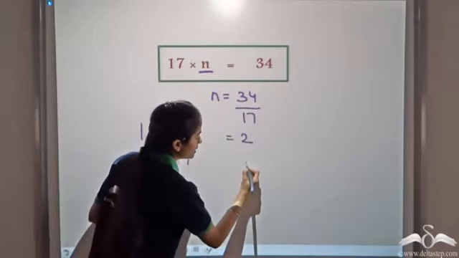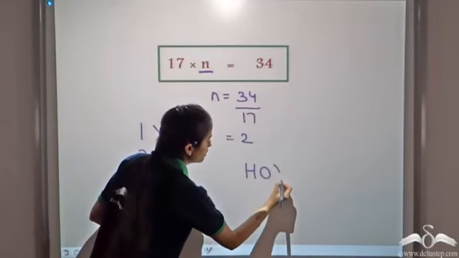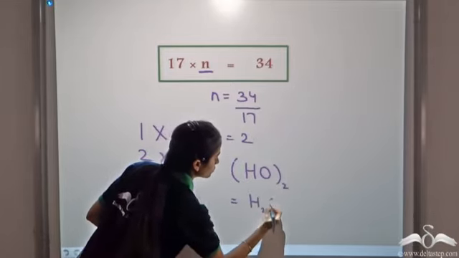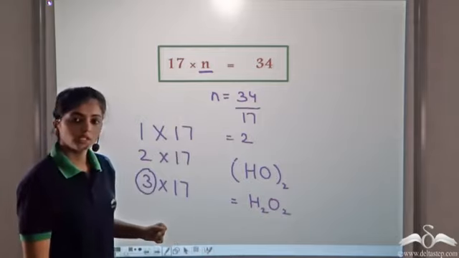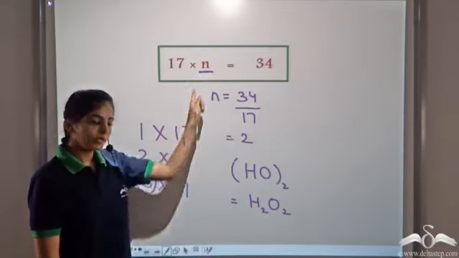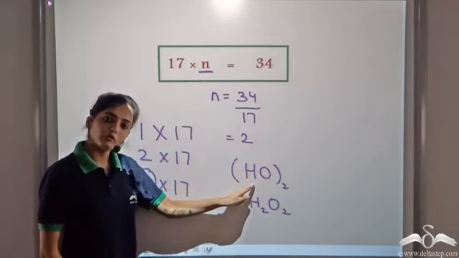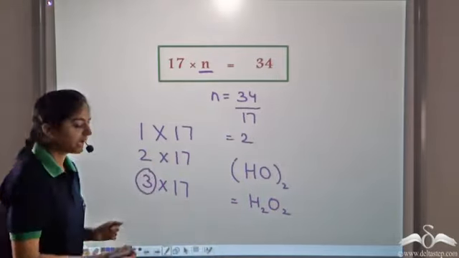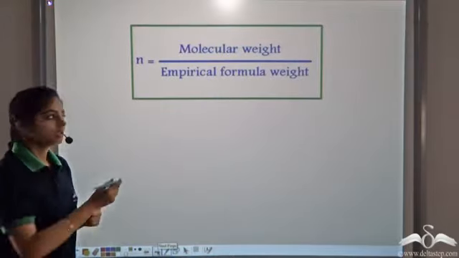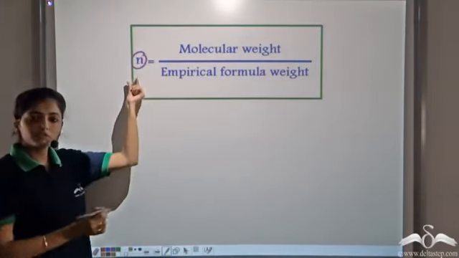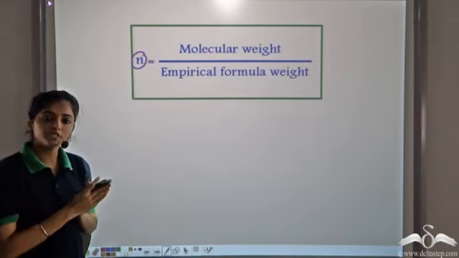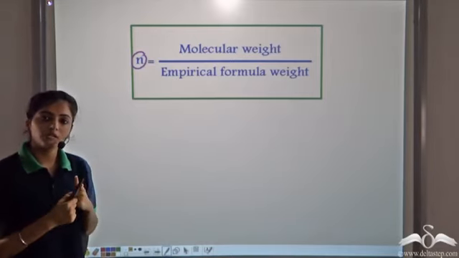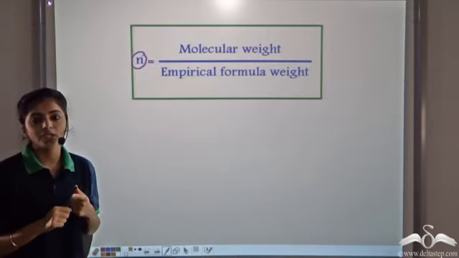And that is why we multiplied the empirical formula with 2, which gave us H2O2. So this n, when multiplied with the empirical formula, gives the molecular formula of the compound. We get n by taking the molecular weight and dividing it by the empirical formula weight.